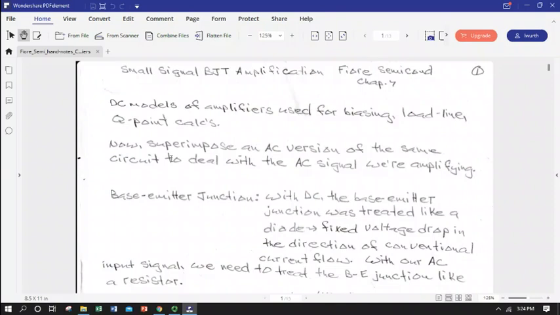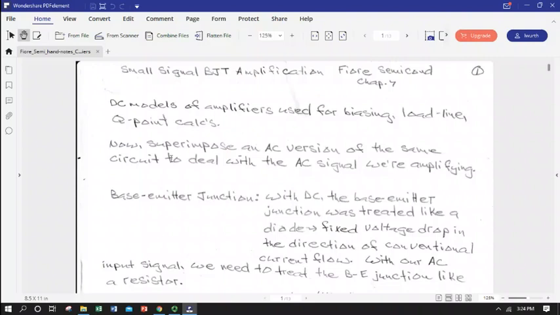If you remember, we used the Ebers-Moll DC model of our bipolar junction transistor, a DC voltage source in series with a diode, basically representing the collector emitter gain in terms of the current source, and then the diode representing the base emitter junction. We're going to create a similar model to represent the way that our bipolar junction transistor responds to AC signals.